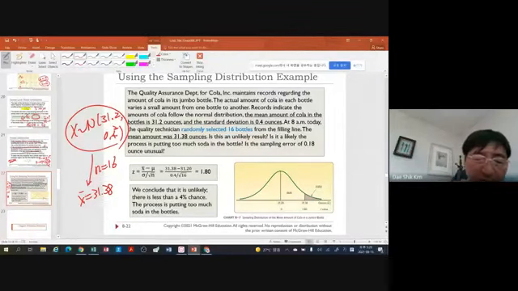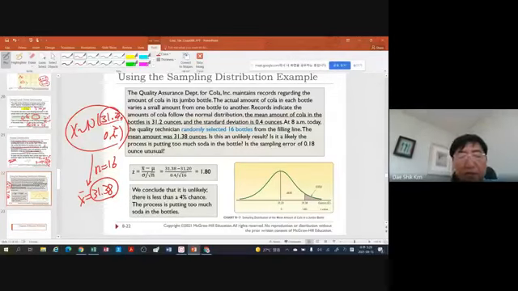The average is 31.38 while the population target is 31.2. It looks like a little bit more, 0.18 ounce more, is added into the bottle. So the quality manager wants to know whether our process is okay or something is wrong, whether we put too much soda in the bottle.